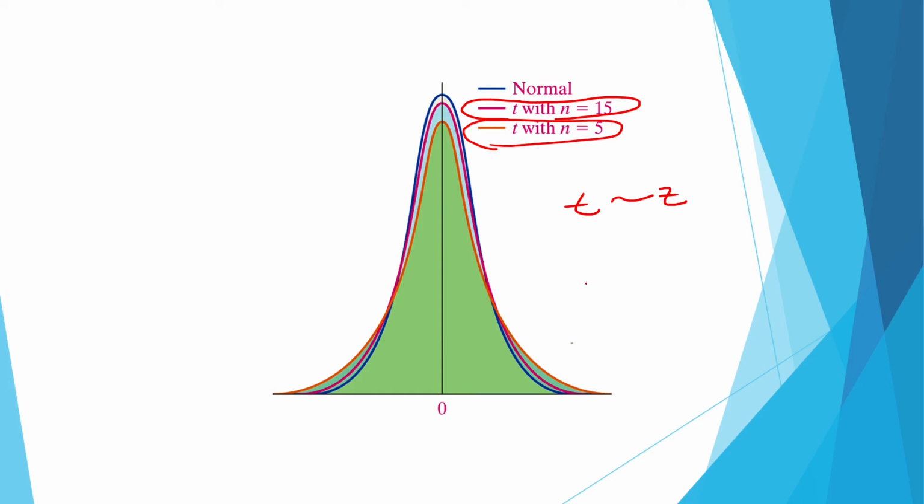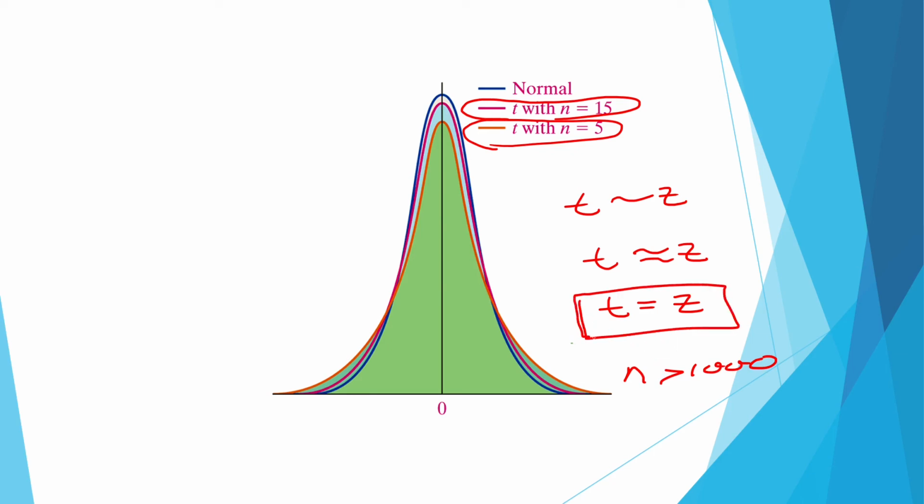In fact, if you have a sample size that gets really large, in the thousands, this t distribution gets very close to z. For very, very large sample sizes, greater than 1,000, we can use z instead of t because they're so close to each other anyway.